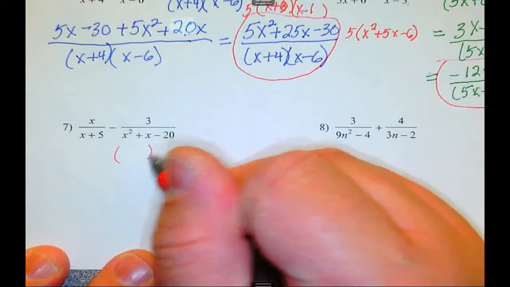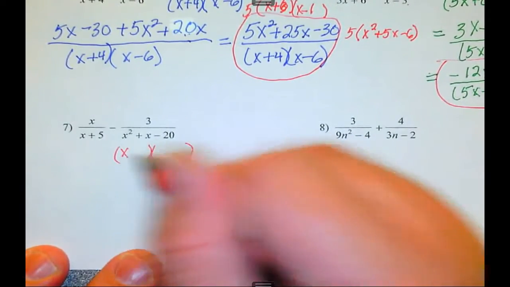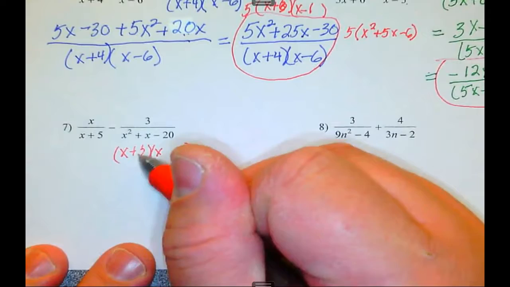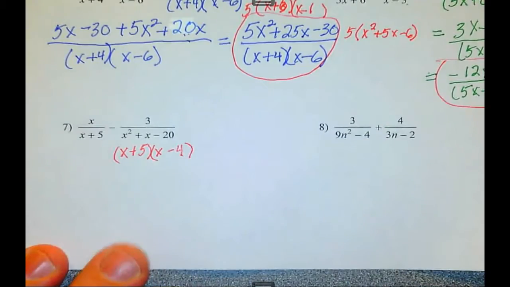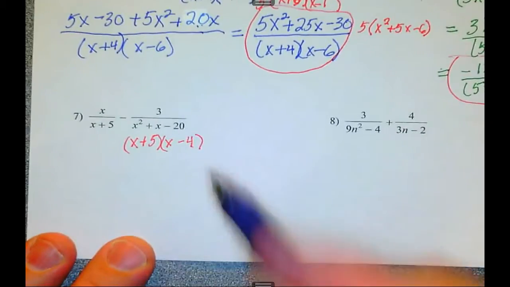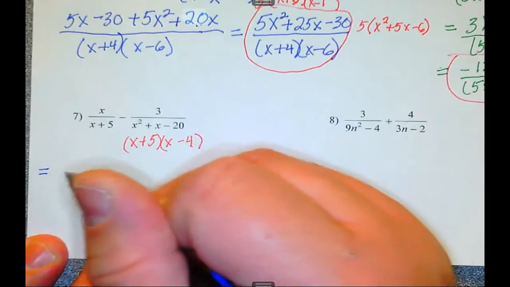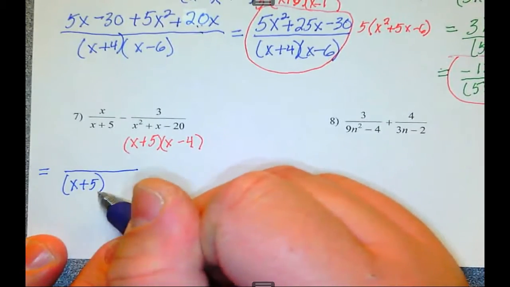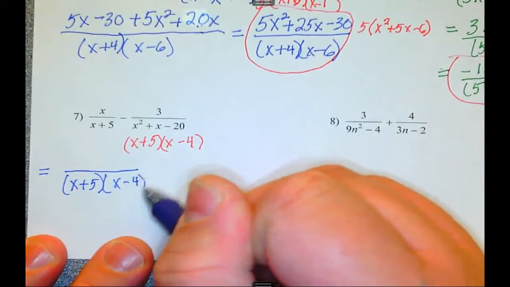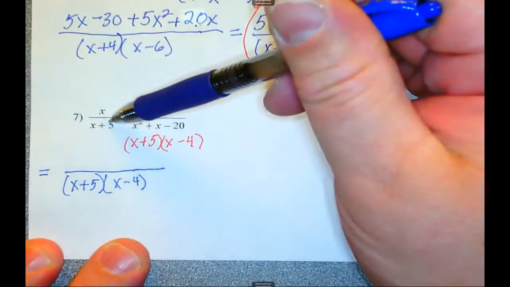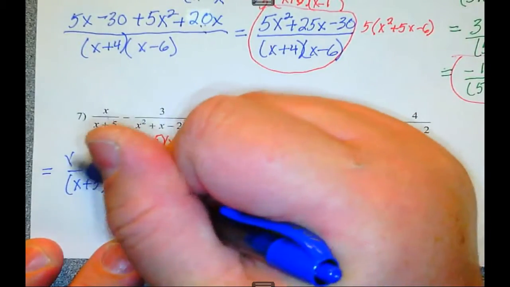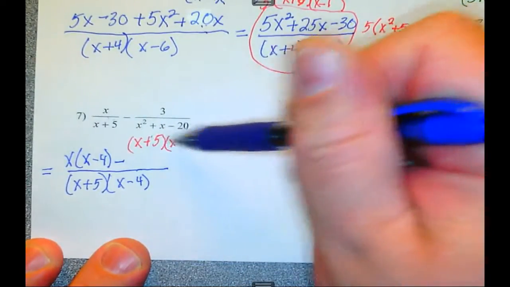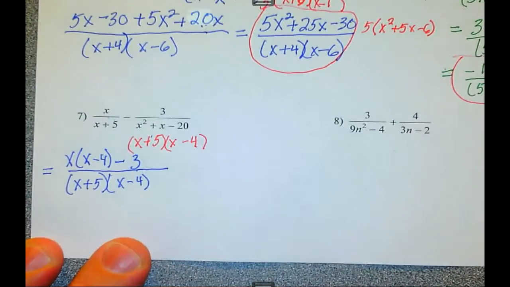Factor first. x, plus 5, minus 4. So my lowest common denominator, x plus 5, x minus 4. See, this one's missing an x minus 4, so I'm going to take x times x minus 4, minus, this one's not missing anything, so I'm just going to put the 3 there.